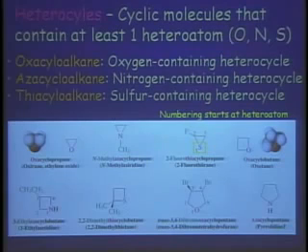Here's a thiacyclopropane. Substituents are labeled with the position that they're in, and the numbering always starts at the heteroatom. Okay? So the heteroatom is atom 1. So this is atom 1, this is atom 1, this one's 1, and so fluorine in this compound is at position 2.